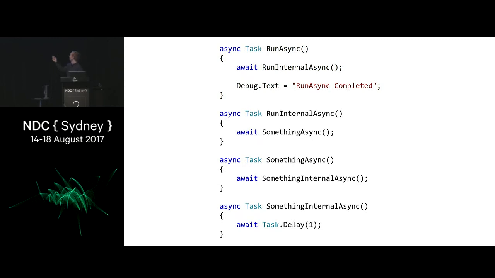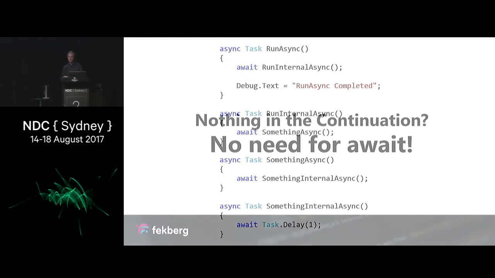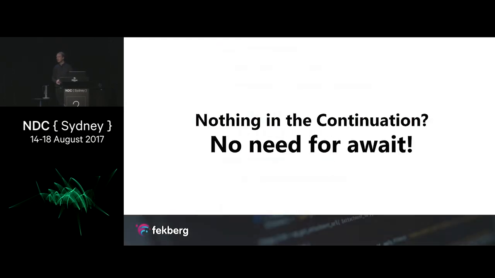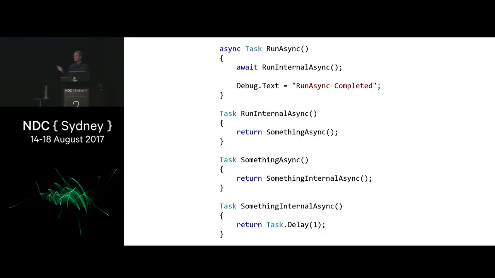What do we want to do here? Really, we want to use the await keyword when we want to get a result after the execution. So if there's nothing after the continuation, we don't really need to await. The way that we clean this up is by simply removing async and await from the methods that simply return back to the caller. Look at the method chain here. At the bottom, we're returning task.delay instead of marking it as async task and doing await. It's doing the same thing.